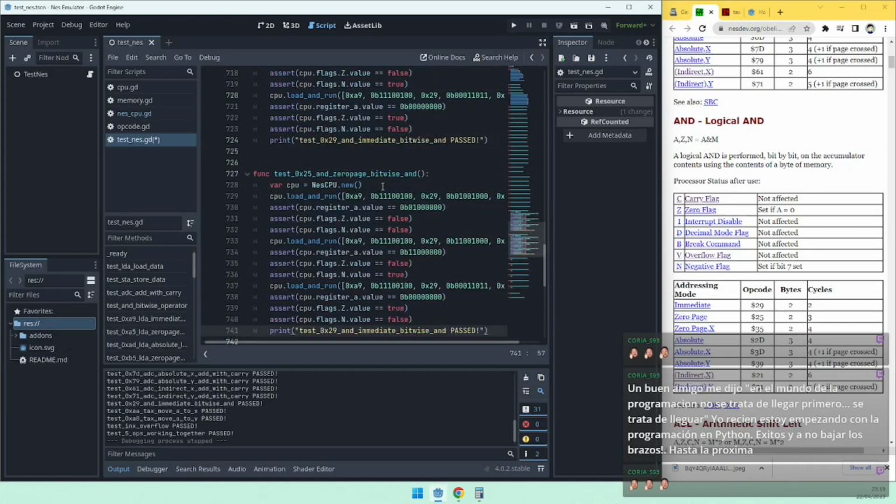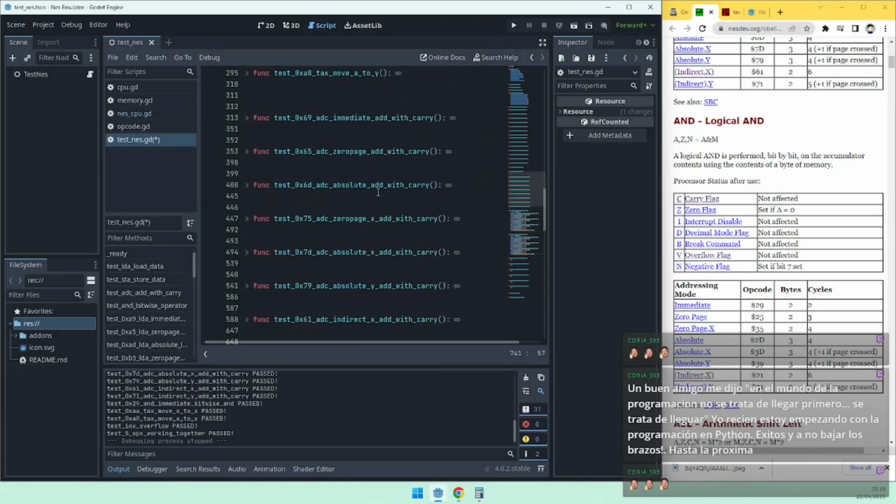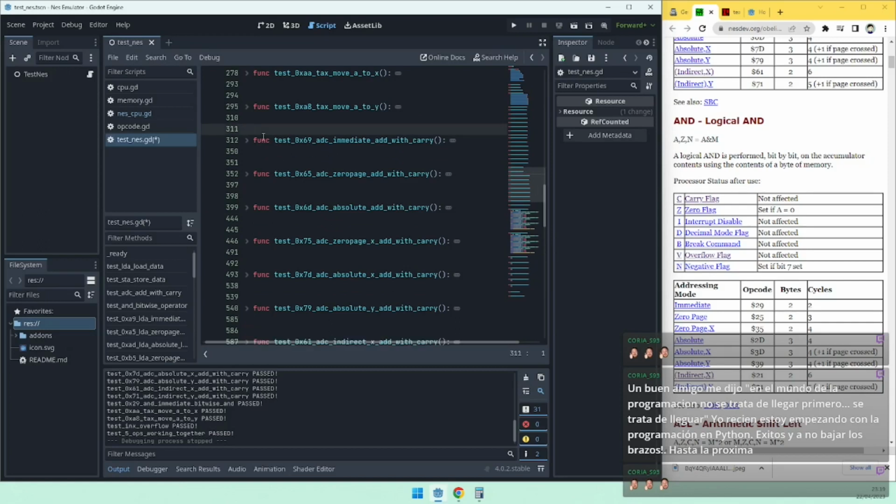So zero page means we are reading from memory in the first 256 spaces of memory, or 128, I don't remember actually. It's 128, yes, in the first 128 spaces of memory.